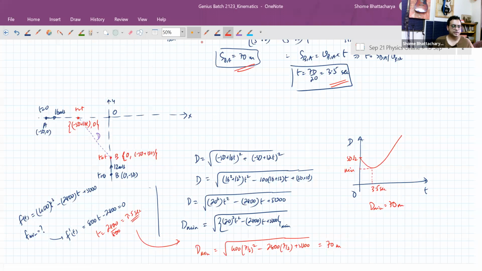So from this value of time, you can also understand that this minimum distance is going to actually occur at some time when A has gone past and B is somewhere here. No, not now. Okay. Sorry, because the time is now 3.5. So for example, 12 into 3.5 is how much? 36 plus 6, 42. So B hasn't reached here yet. So the minimum case will be somewhere here, when B is somewhere here and A is where, at 16 into 3.5?